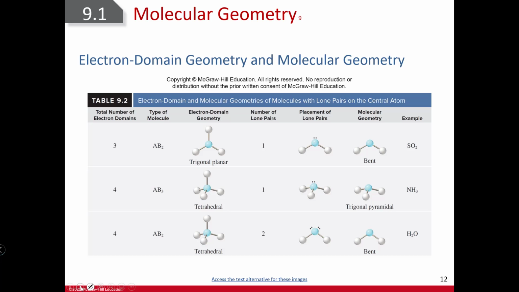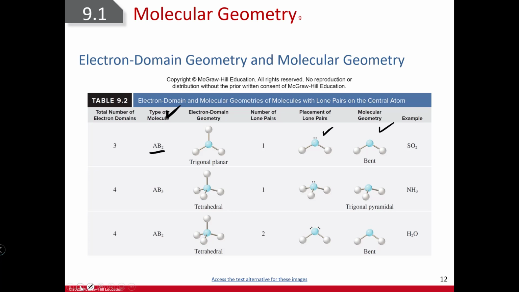So here's a table that you need to memorize. What you need to memorize is the classification, the electron domain geometry, and the molecular geometry. Now, this is a little confusing to me.